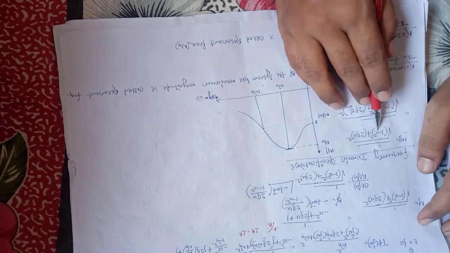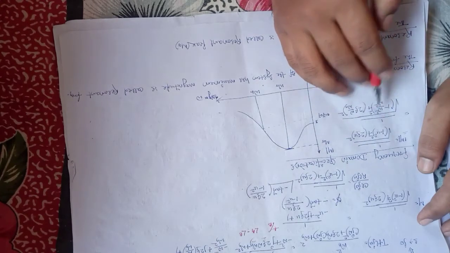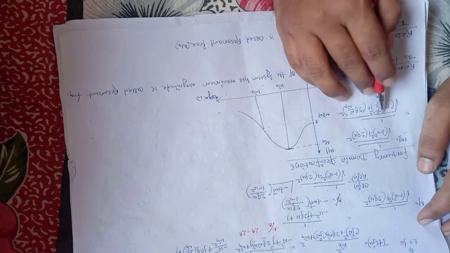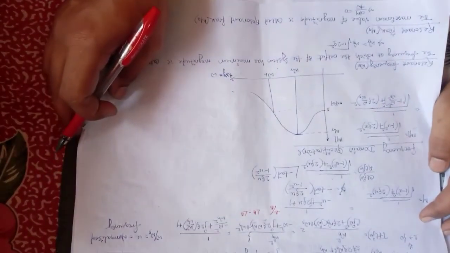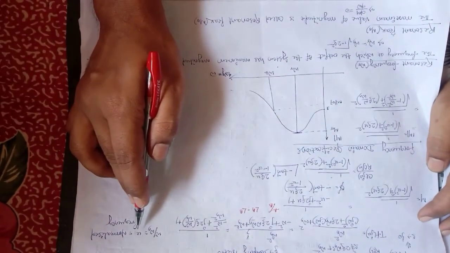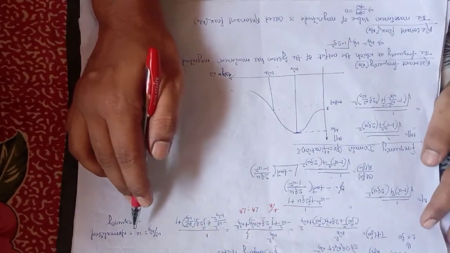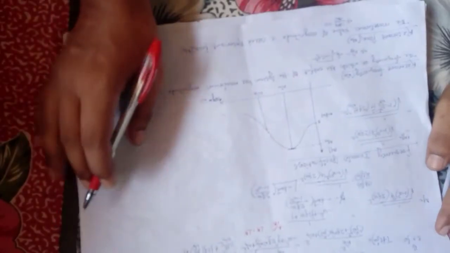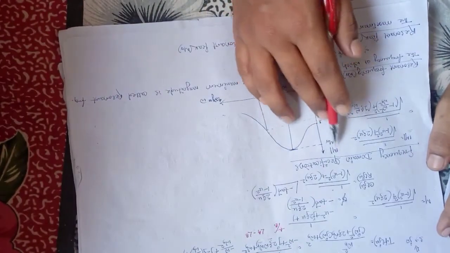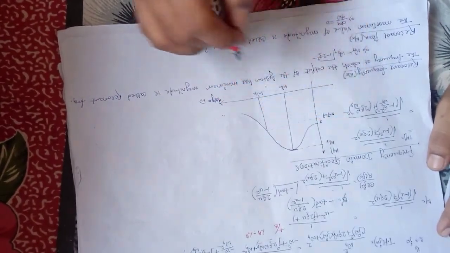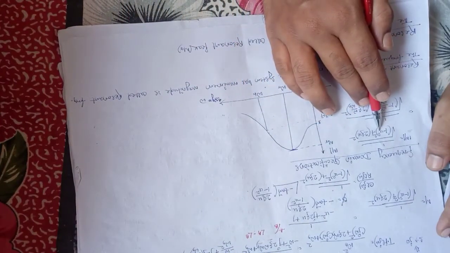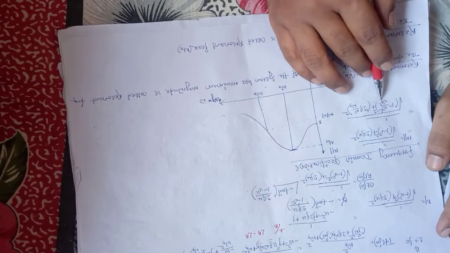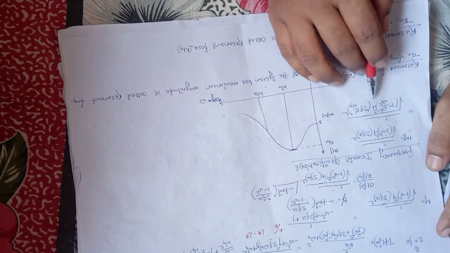We have replaced omega by omega n as u, that I already told. U is the normalized frequency. Since I am drawing a graph between frequency and magnitude, I will replace this normalized frequency in the original form, that is omega by omega n. This is my magnitude.